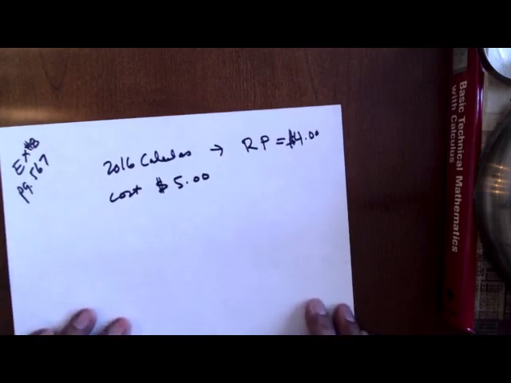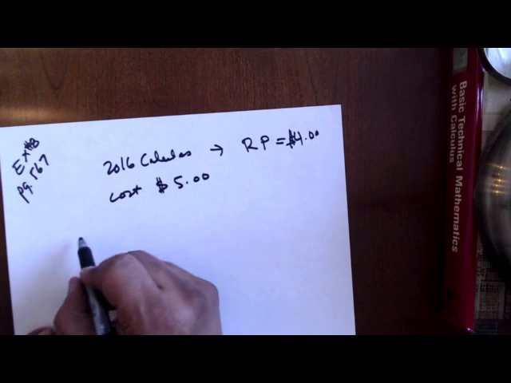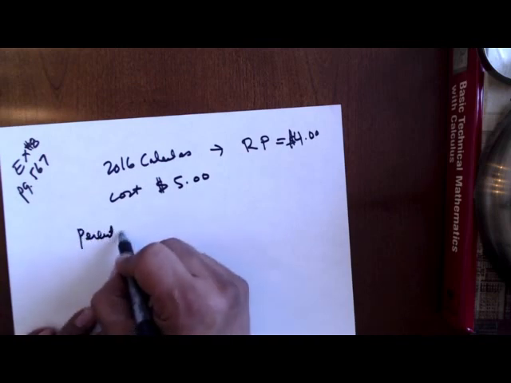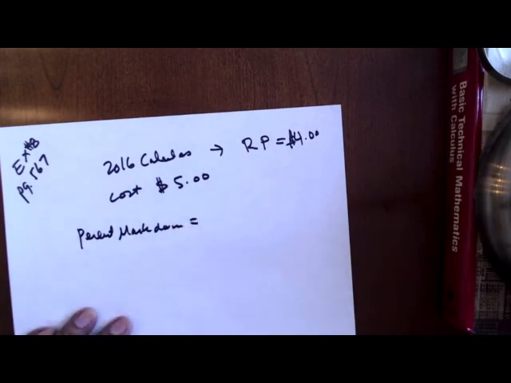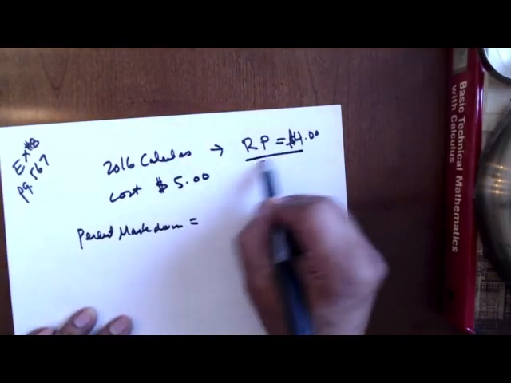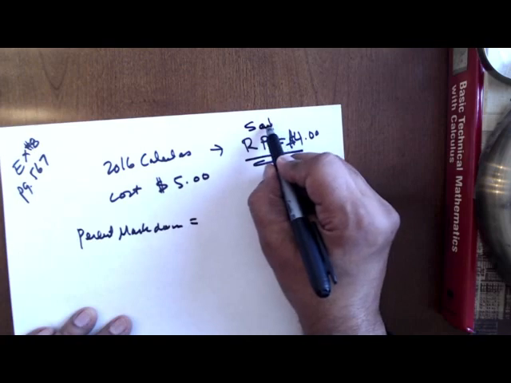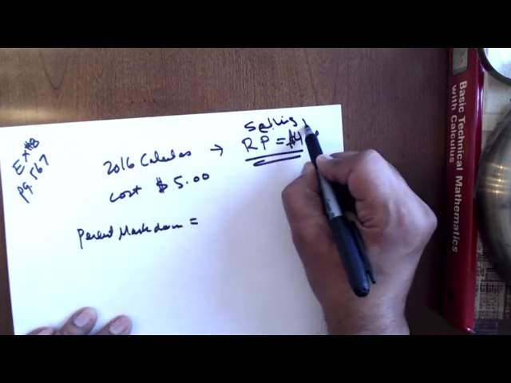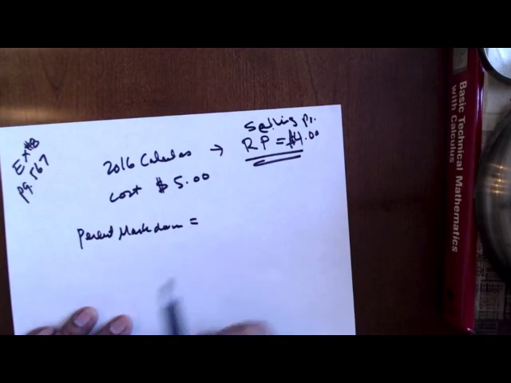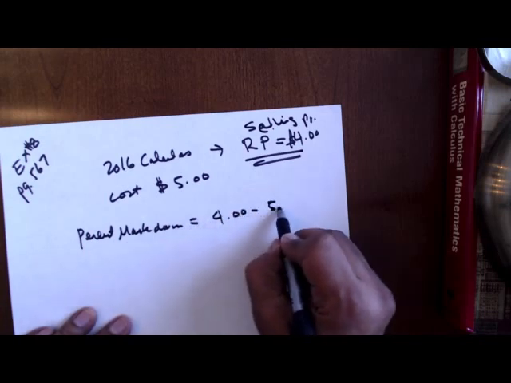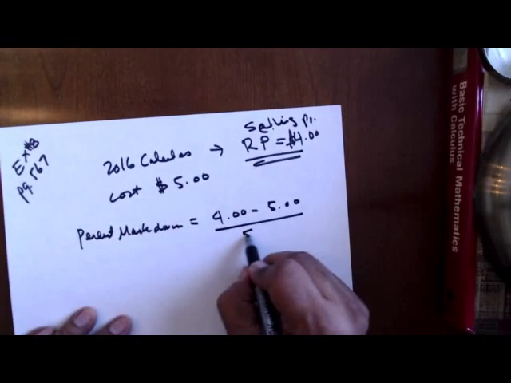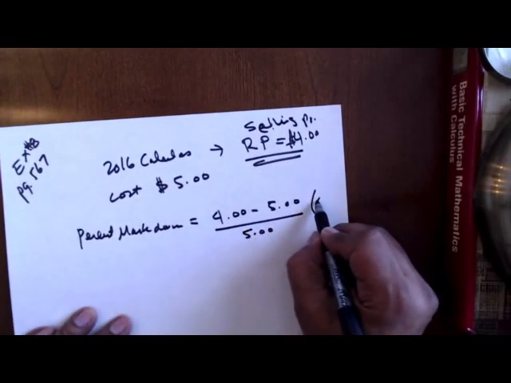So let's do our percent markdown. What is that going to be equal to? The selling price is the reduced price, so this is our selling price, and this is the cost. So we have 4 minus $5, divided by $5, times 100%.